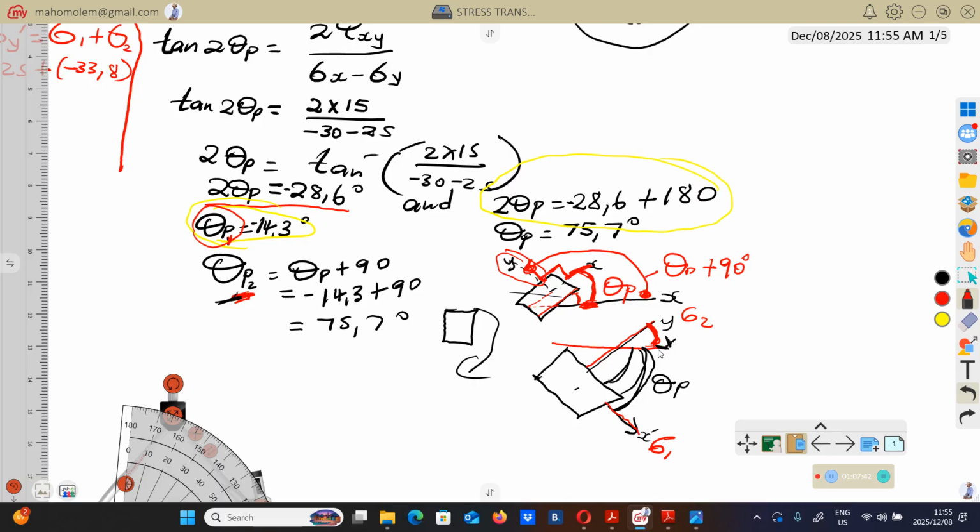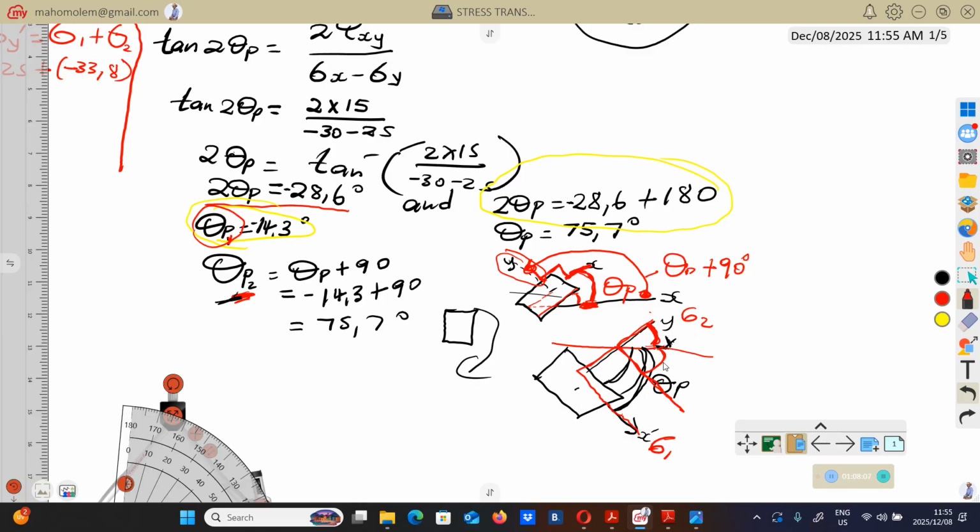So from XX to principal stress 1 is theta P1. From XX to principal stress 2 is theta P2. So now, this angle here, you can see, is the total angle of 90. This angle is 90 degrees.